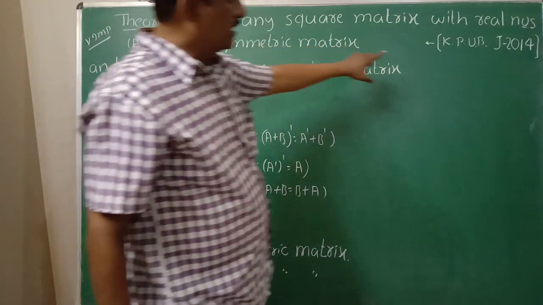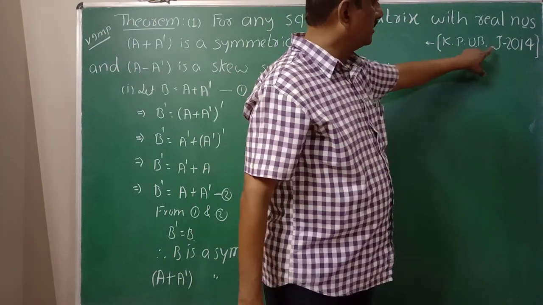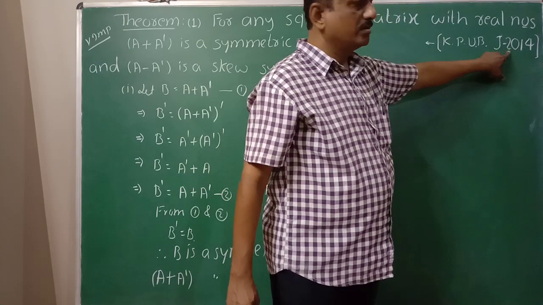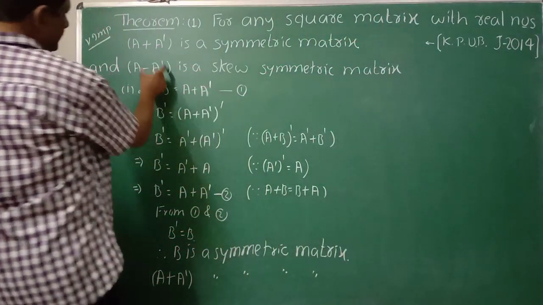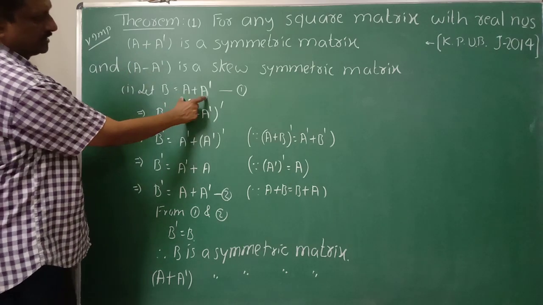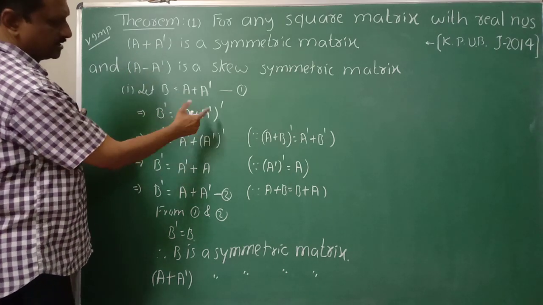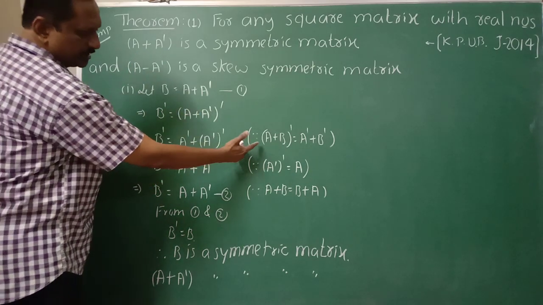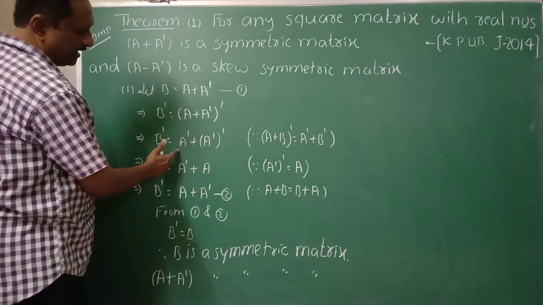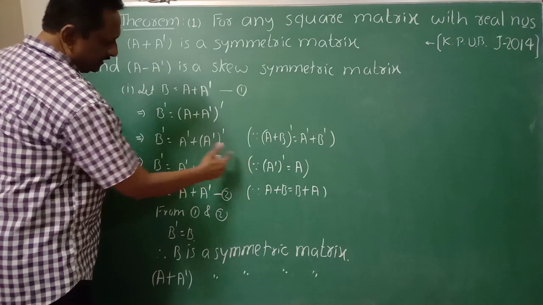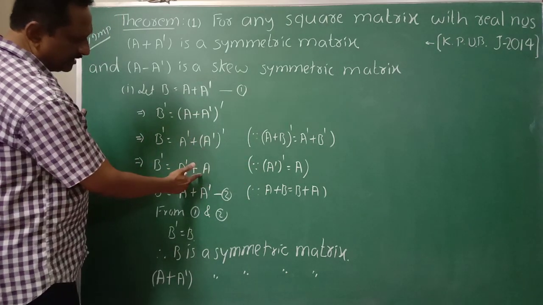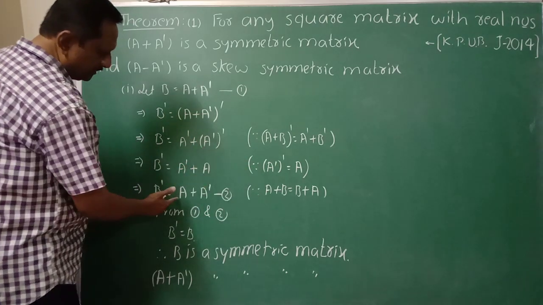I repeat once again, just observe here, they are very important here. So in a Karnataka PU board, they are June 2014 years. It is a 2 marks question here. Therefore take here this one as a B is equal to A plus A dash. Taking a transpose on both sides here, using this property, you can write A dash plus A dash of dash here, and using this property here, A dash of dash is A, and using this property you can write A plus A dash here.